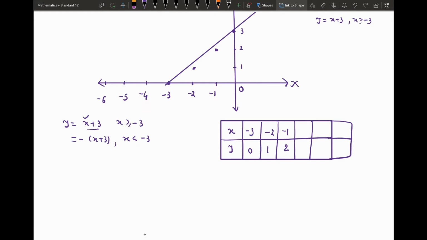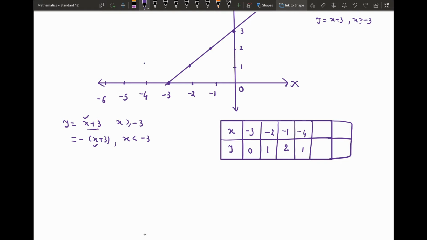Here there may be some error because of scale. Now if we take x equal to minus 4, y will be 1. So minus 4, 1.